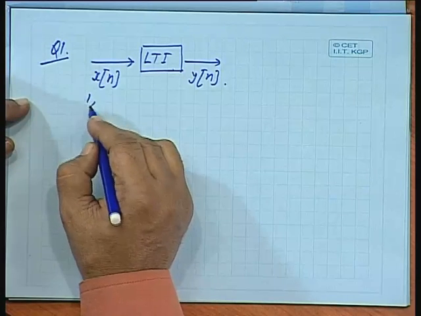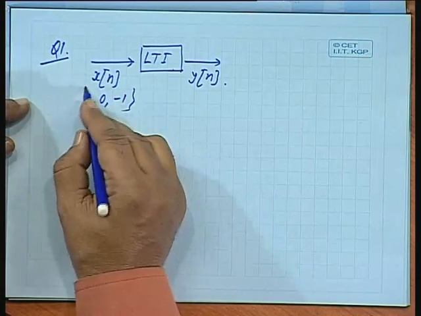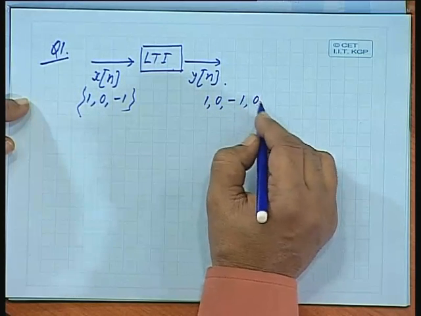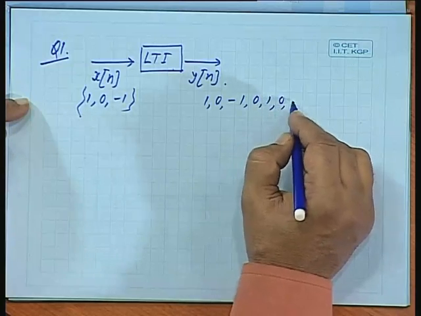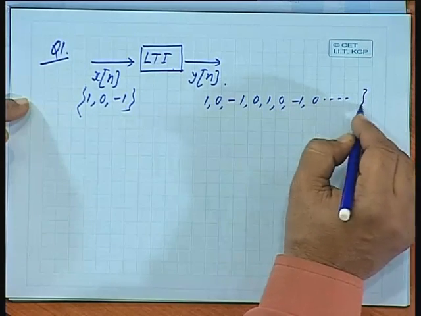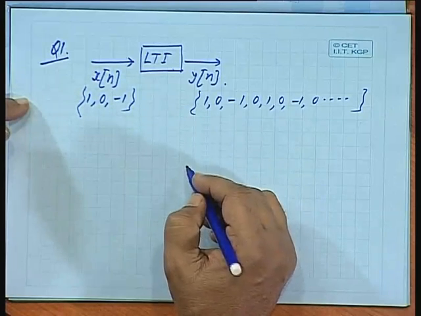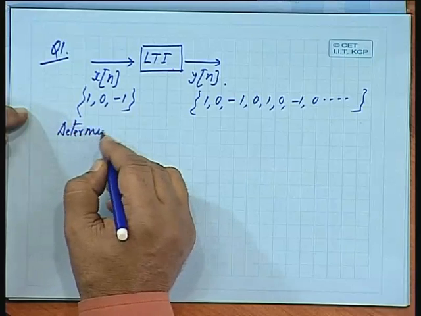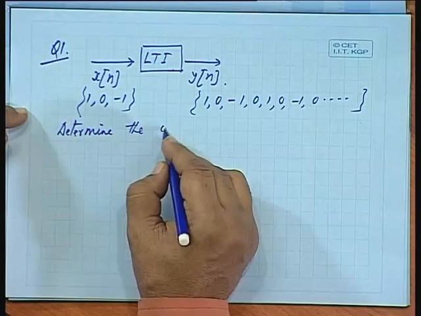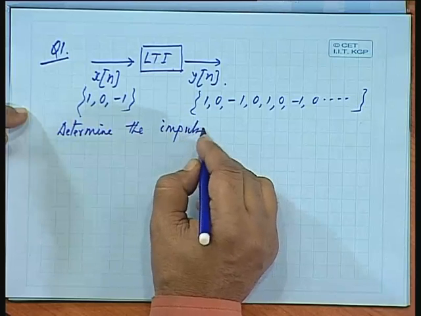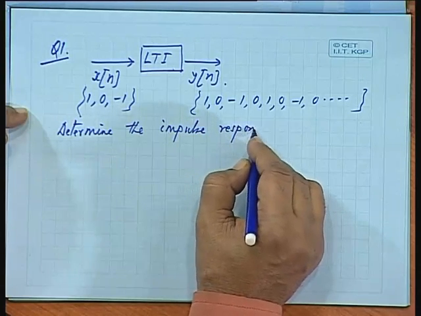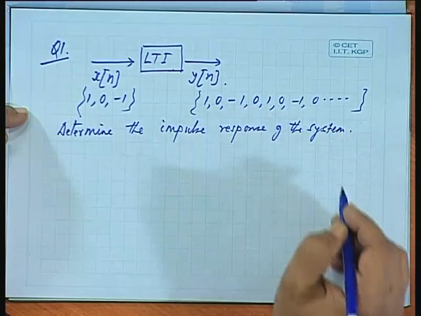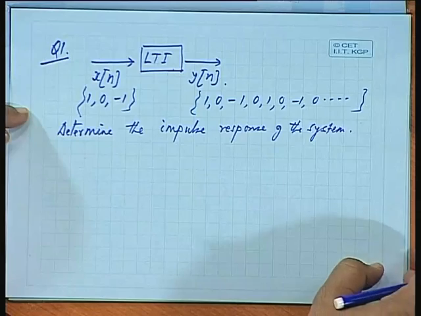For an input of 1, 0, minus 1, the output sequence is 1, 0, minus 1, 0, 1, 0, minus 1, 0, it continues. Determine the impulse response of the system.